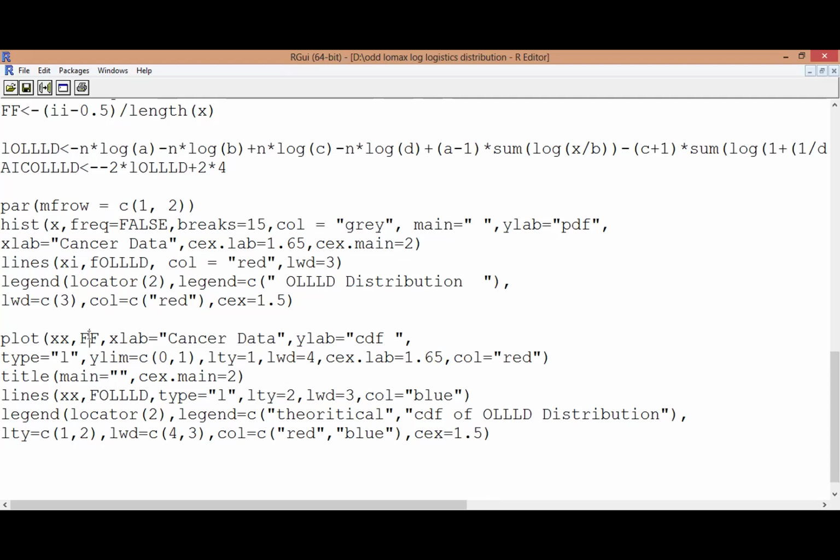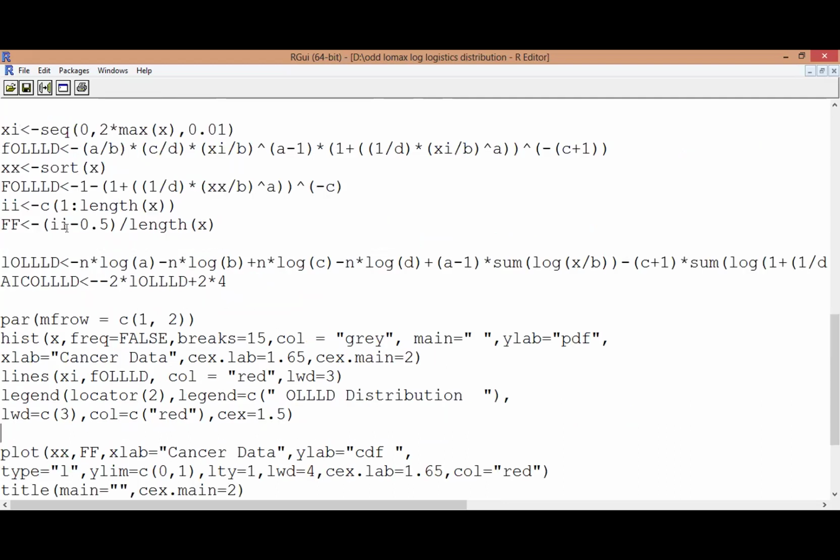So the F theoretical means the cumulative theoretical, and we must compare it with the cumulative model like in equation 6.